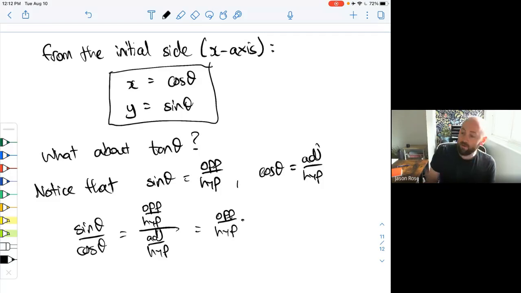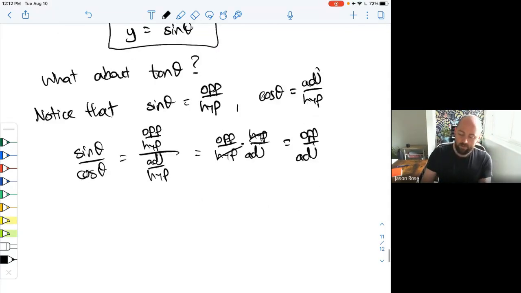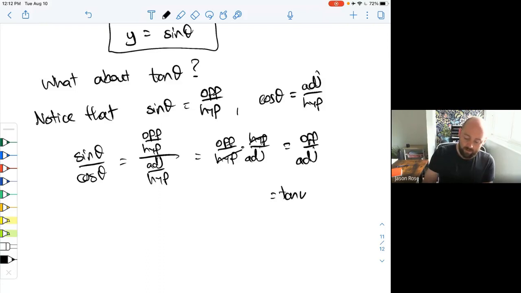Remember, how do you divide a fraction by a fraction? You take the lower fraction, you flip it and multiply instead. Okay, those hypotenuses would cancel. You're left with opposite over the adjacent, which is equal to tan theta.